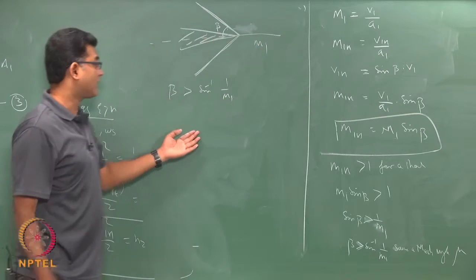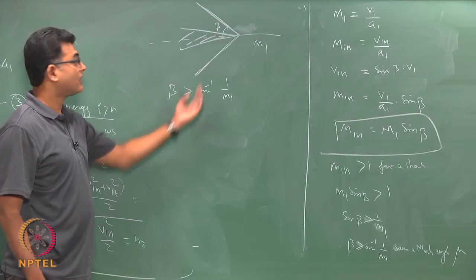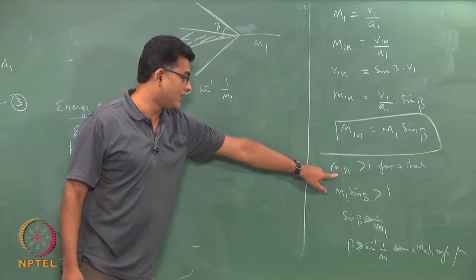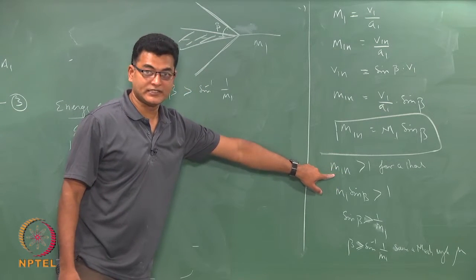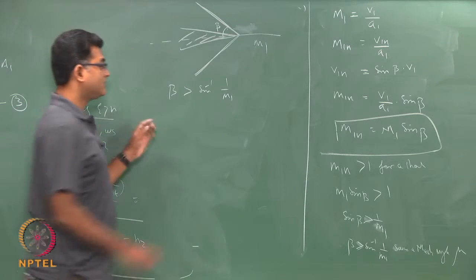If my beta is smaller than this, I cannot have a shock angle, because M1n should be greater than 1. So, if I use that condition, I would end up with this condition to have my limiting value. So, this is my limiting condition.